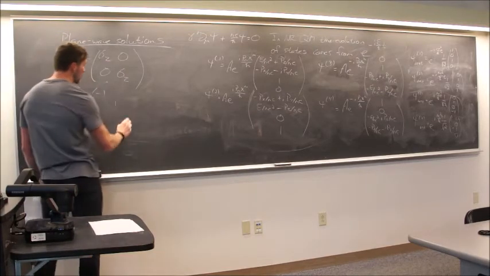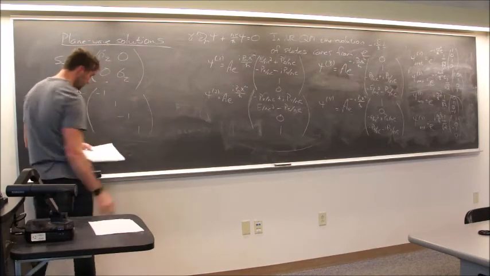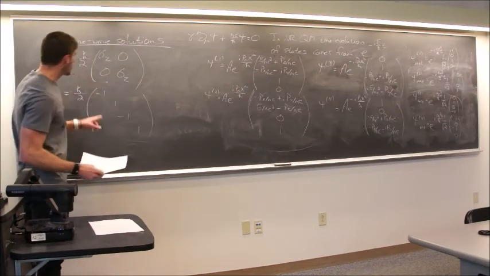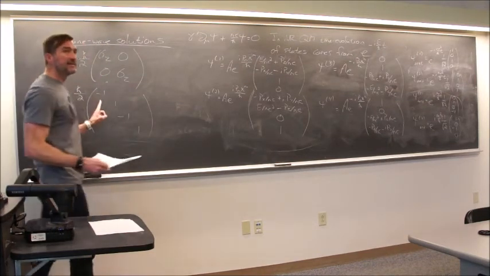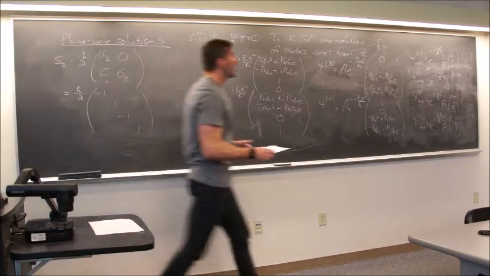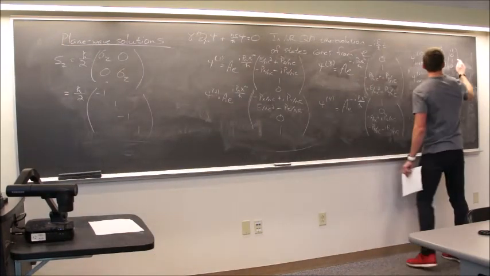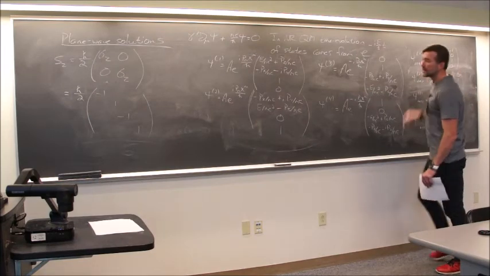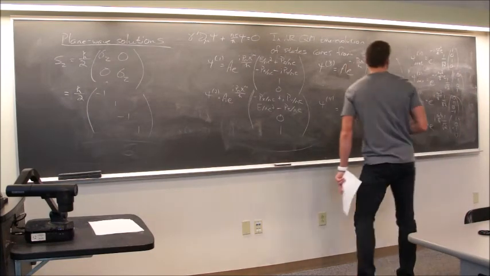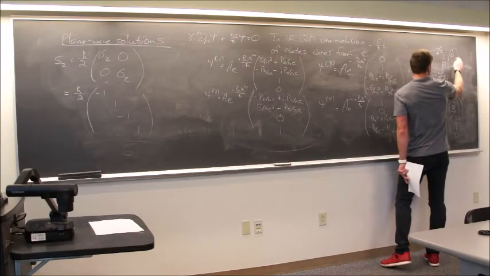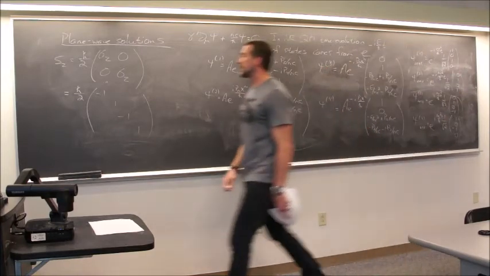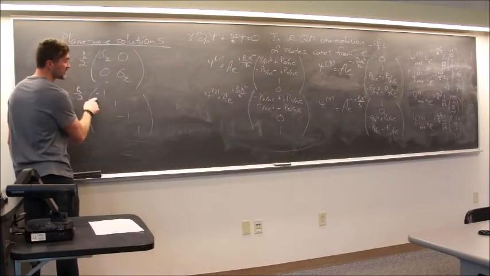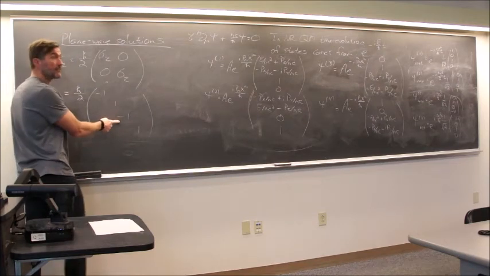These are just minus 1, 1. And so if you take this matrix and multiply it onto this vector, it's just going to assign a minus, because these two terms are non-zero, and those are the two terms that this matrix picks up off the diagonal with the minus.